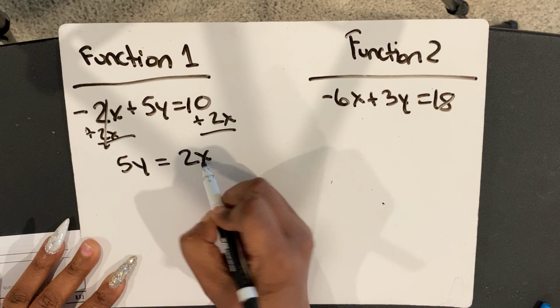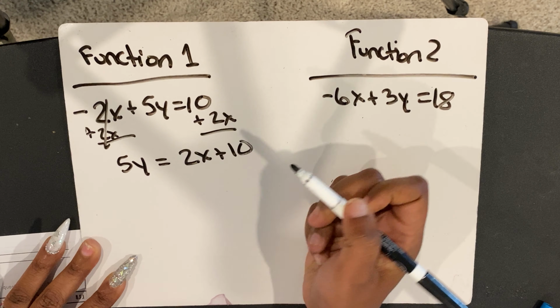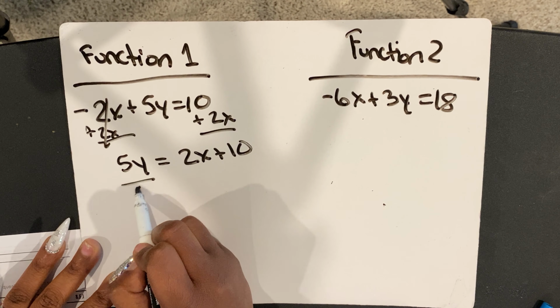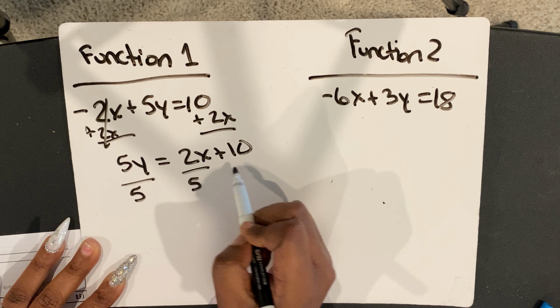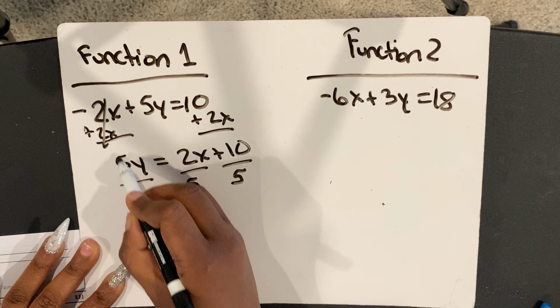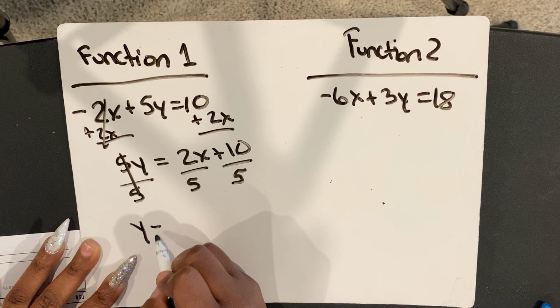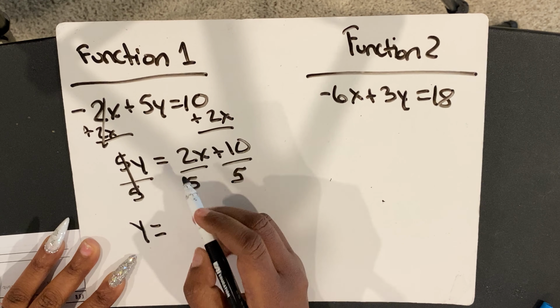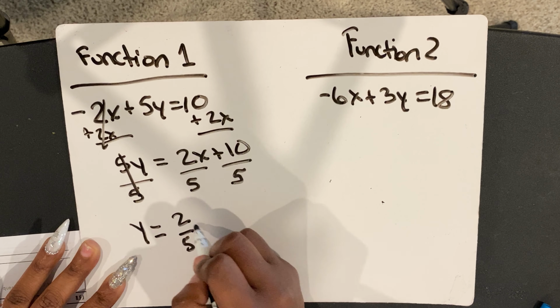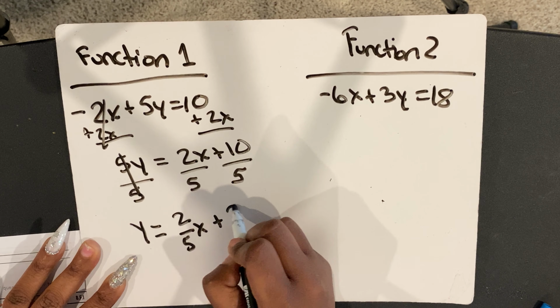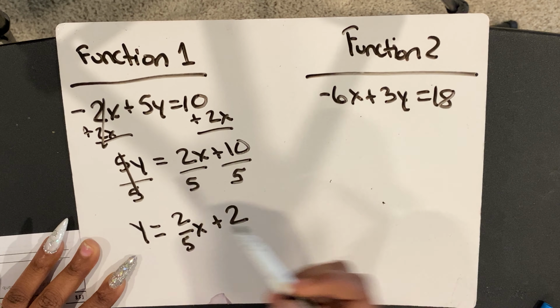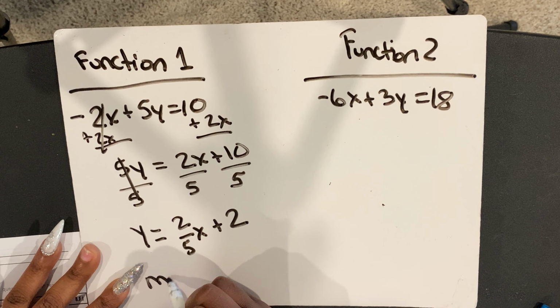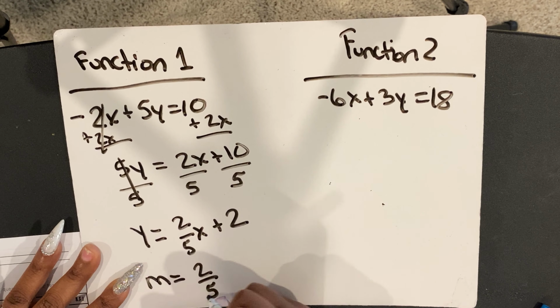So the only thing I can do is just put 2x plus 10 next to each other. Then you need to divide both sides by 5 so that the coefficient goes away and y can be by itself. And then we end up with 2/5 x plus 2, because 10 divided by 5 is 2. Okay? So my slope for this one is 2/5.